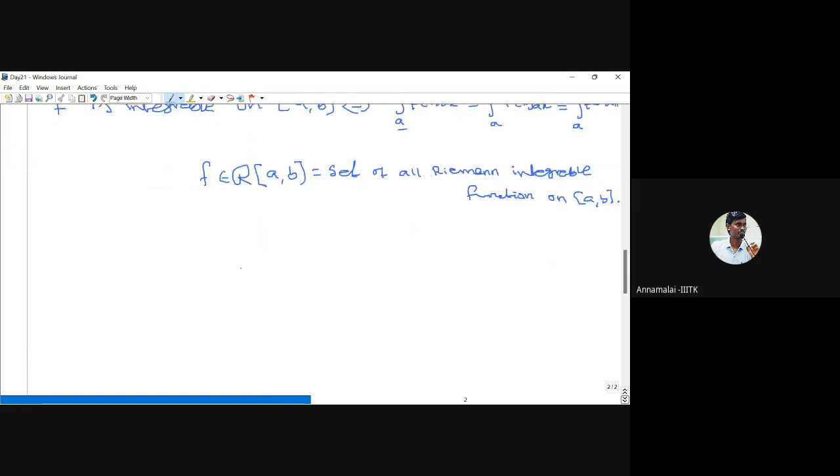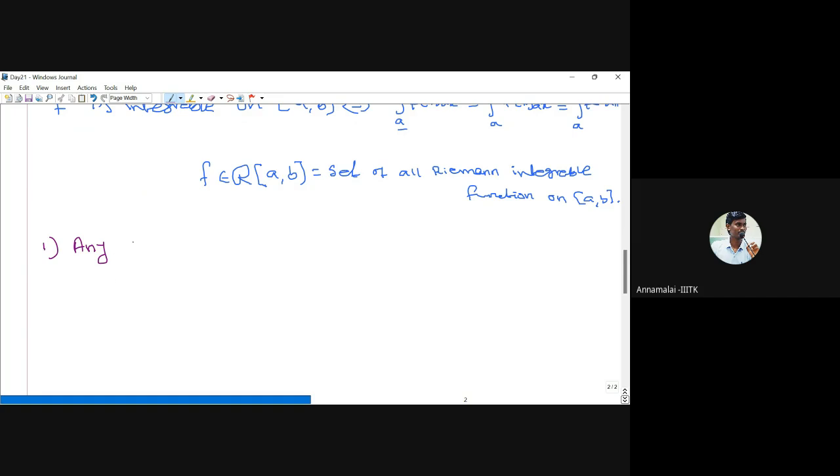Okay. Now we discuss some examples. All constant functions are Riemann integrable. So that is the first result we discussed. Any constant function is Riemann integrable. Riemann integral means you can find the area under the curve.